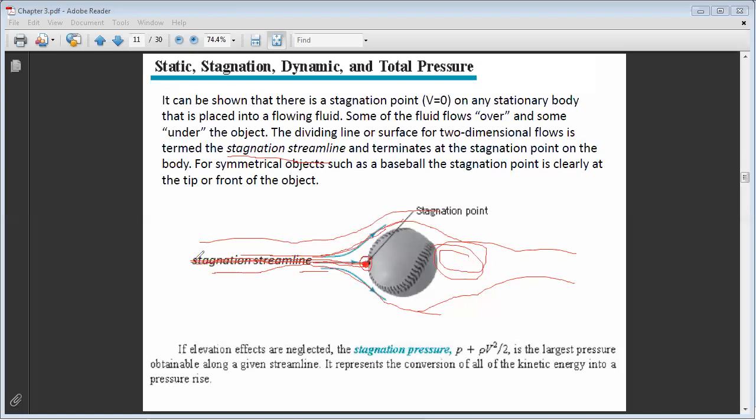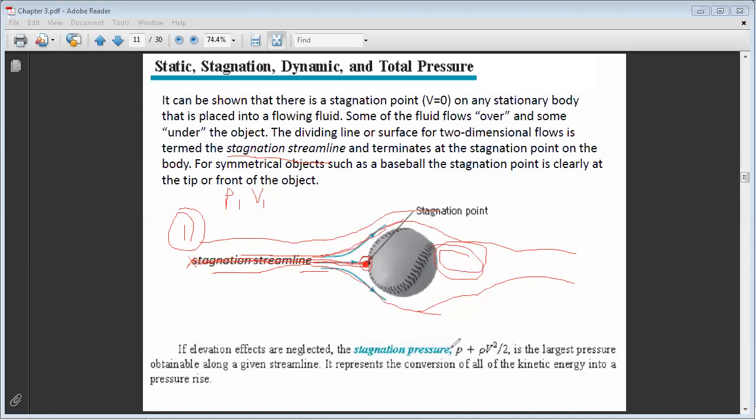Now, how can we calculate the value of the stagnation pressure? All we have to do is apply the Bernoulli equation between any point here of known characteristics. So if at a certain point 1 I know the values of P1 and V1, then I can determine the stagnation pressure.